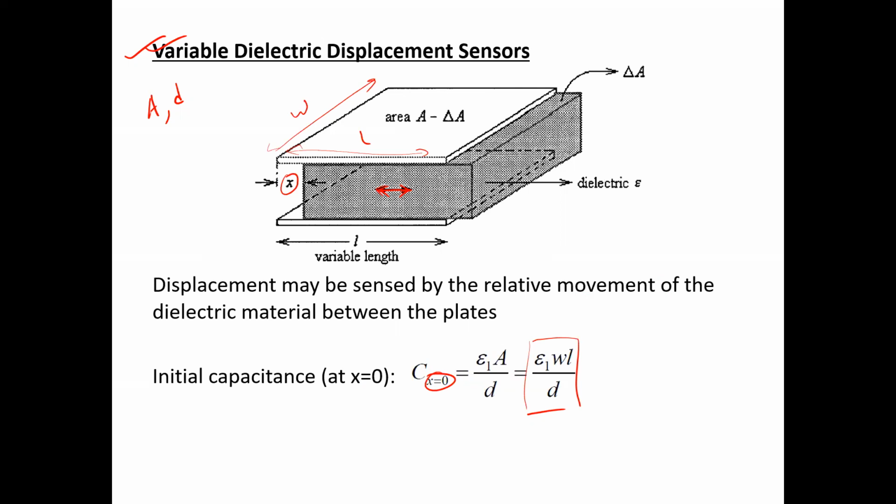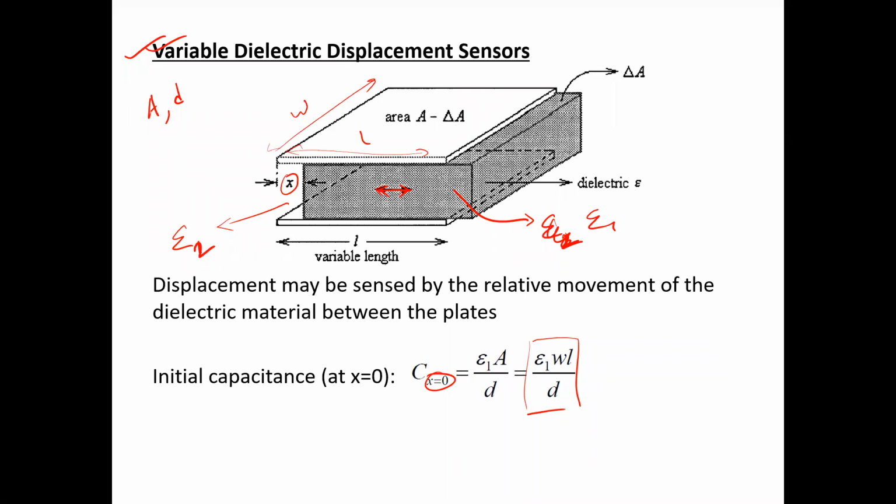Whenever there is a displacement in the dielectric material, suppose the dielectric material has a relative permittivity of epsilon 1, and for the portion that is not containing this dielectric material due to the displacement x, let us consider that the permittivity is epsilon 2.